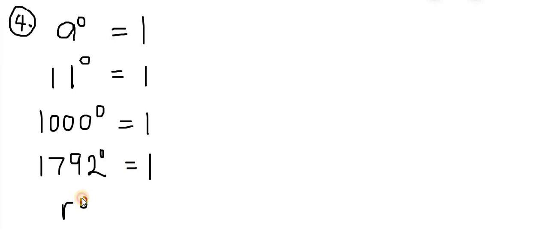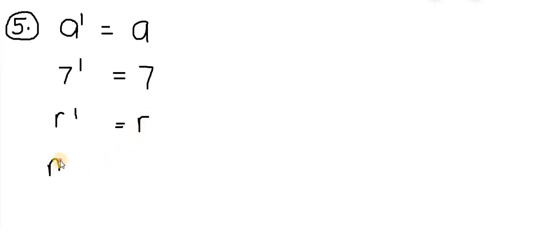R to the power of 0 is 1. If you finish solving a problem and you end up with a base to the power of 0, say 7 to the power of 0, it's 1. Okay? Very important.